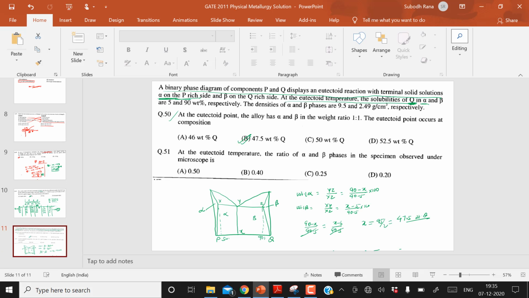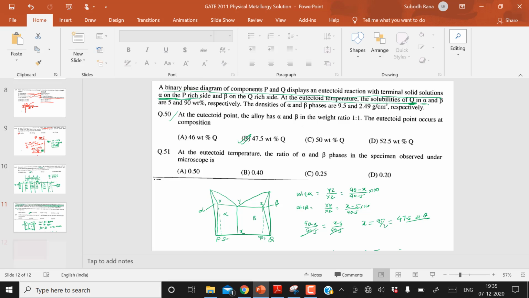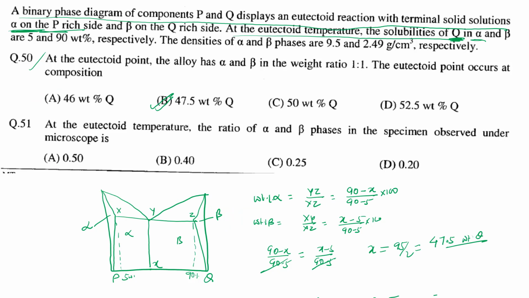Let me add one slide over here. Okay, at the eutectoid temperature, the ratio of alpha and beta phases in the specimen observed under microscope is, right?